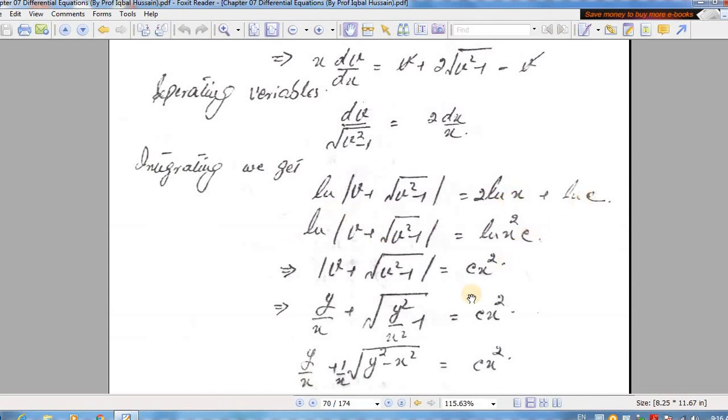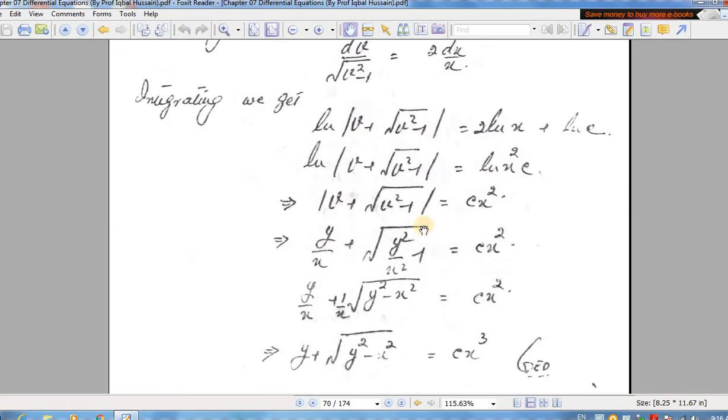Now cancelling log, this is the value. Now replace v by its value and making substitution, here we will get the square root of y square minus x square divided by the square root of x square. The square root of x square will be equal to x. Now multiplying both sides by x, we will get y plus the square root of y square minus x square is equal to cx cube.